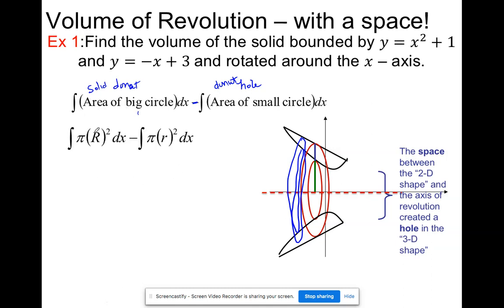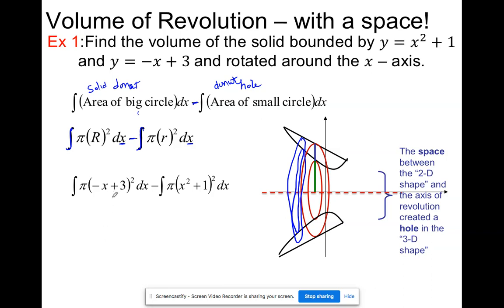Now with the properties of integrals, the integral of a difference, you can put them together. So the big circle is pi big radius squared minus pi little radius squared. And then these are your thicknesses. Sum all of those volumes up and you get the volume of the shape.